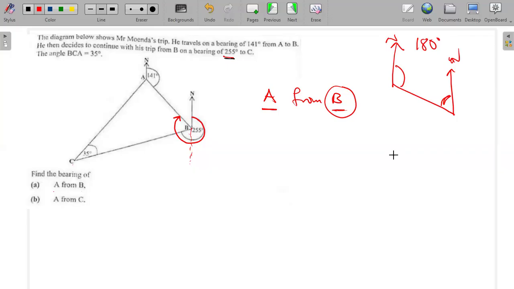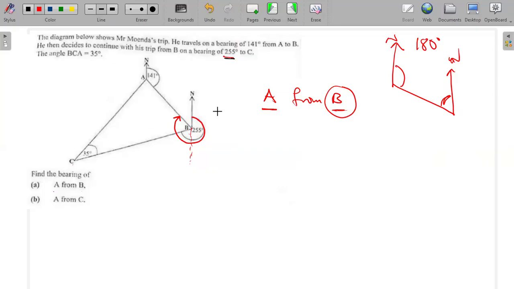Other things that we must know, the basics: angles on a straight line is 180 degrees. The whole revolution of a circle is 360 degrees. These are the basics we use to help us in finding the bearings.